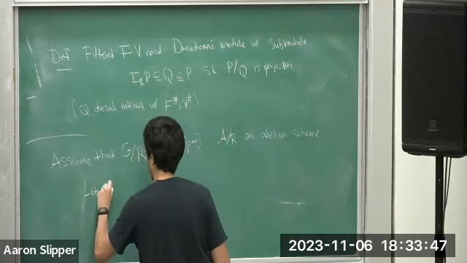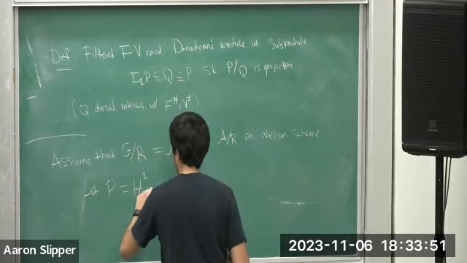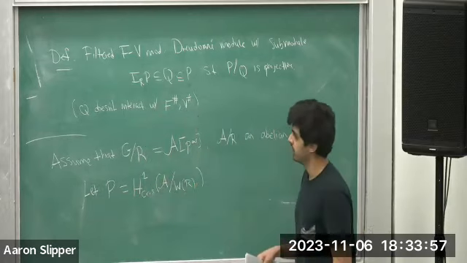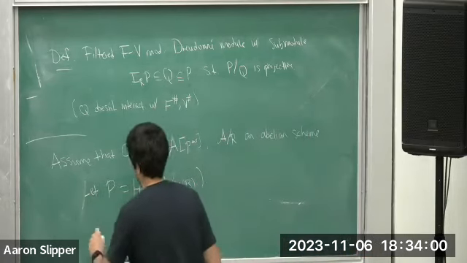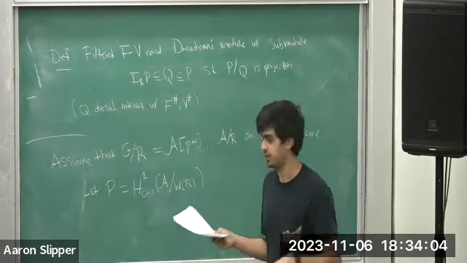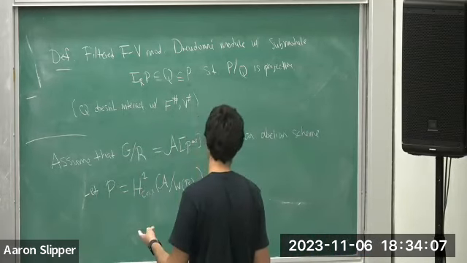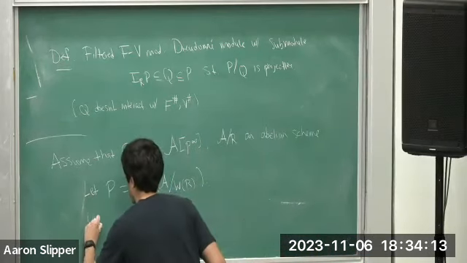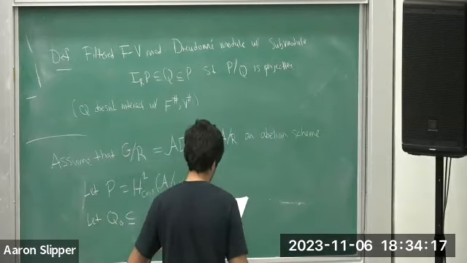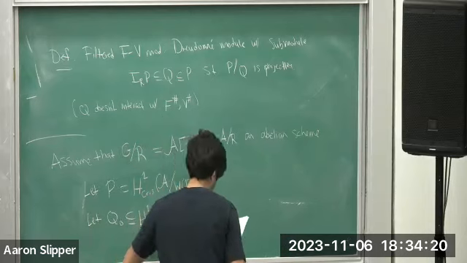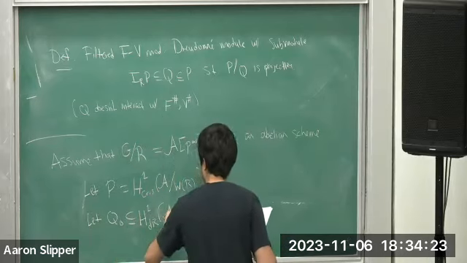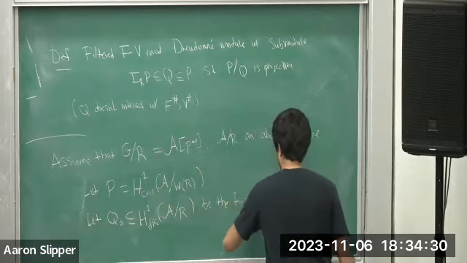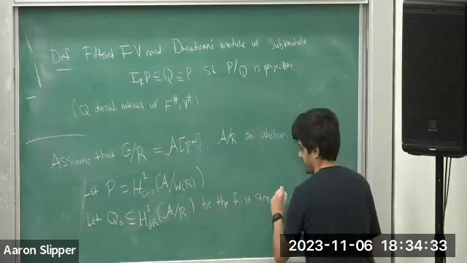So let P be the first crystalline cohomology of A. And P mod IP is the de Rham cohomology of A over R. That'll be the first step.